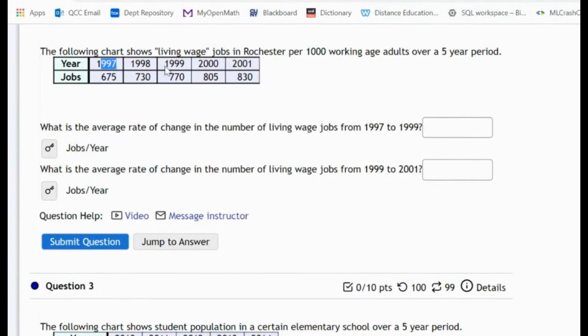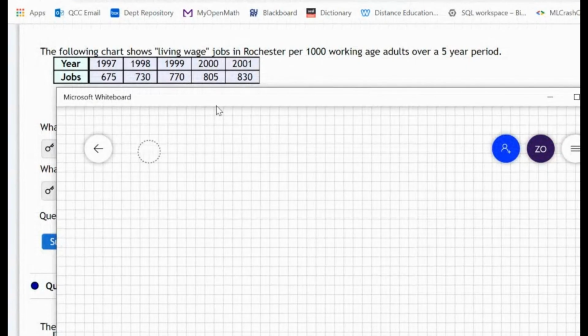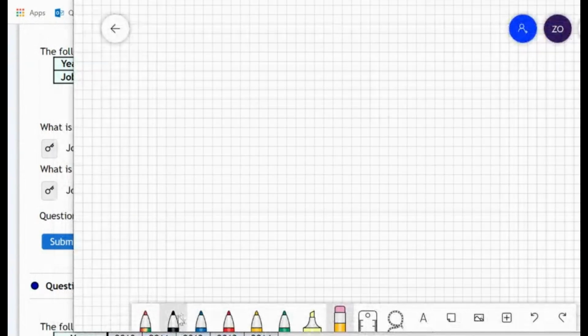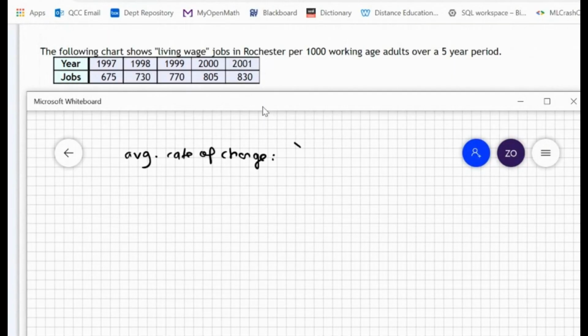So from 97 to 99, how would you find the average rate of change? What is average rate of change? We find the difference in y's. In short, you can just make use of the slope formula between 2 time points.